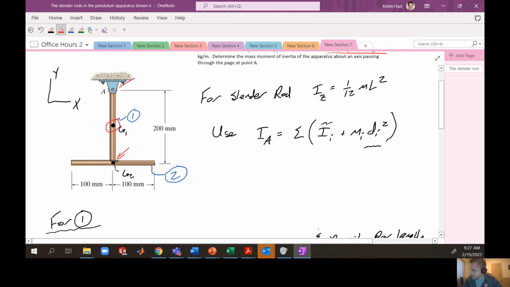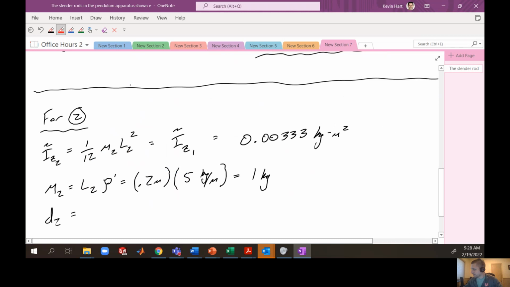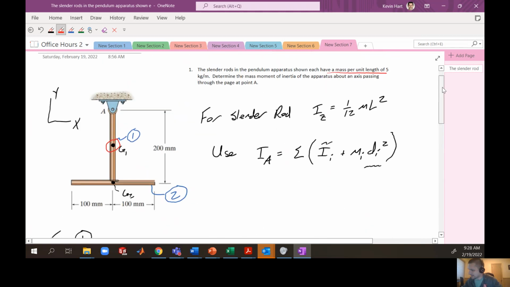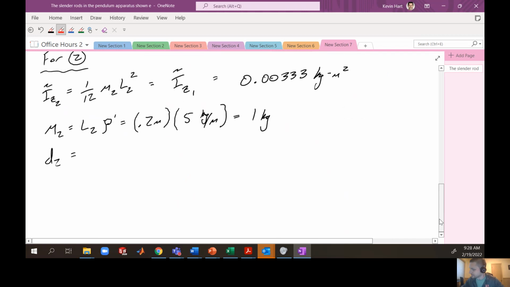And there's an axis of interest that we care about, which is the axis passing through point A. So pretty easy to see that the distance between those two axes that are passing into the page at A and at G2 is this distance here, which is 200 millimeters. So here, D2 is 200 millimeters or 0.2 meters.